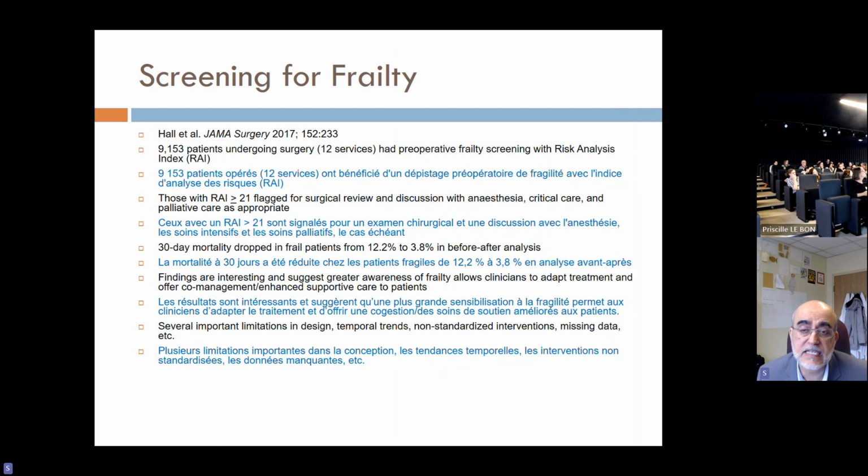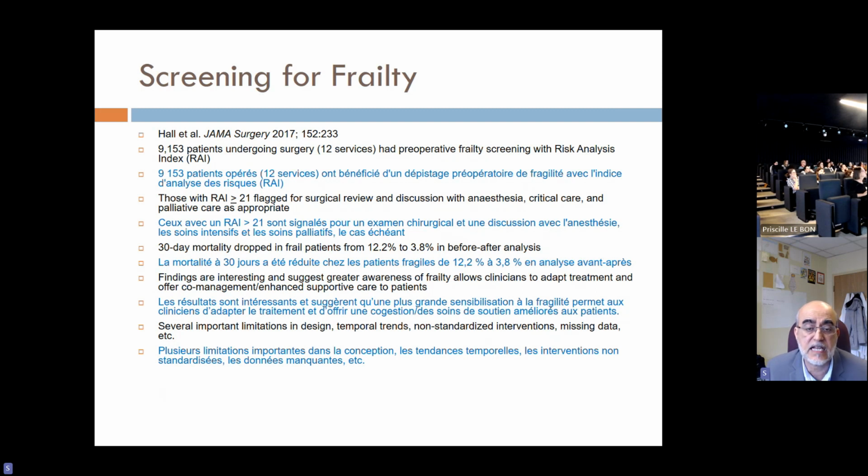I'm going to give an example of one study that looked at screening for frailty in a surgical setting. This was not in prostate cancer. In fact, it was not only in cancer. It was over 9,000 patients undergoing 12 different types of surgery for cancer and non-cancer causes. And they had a preoperative frailty screening with a different tool called the Risk Analysis Index.